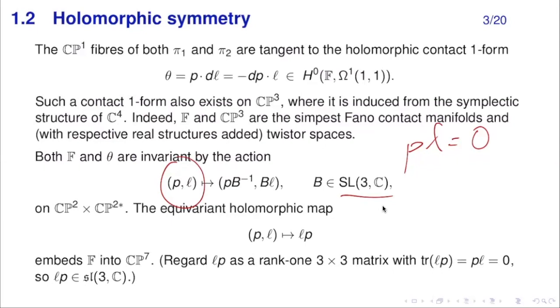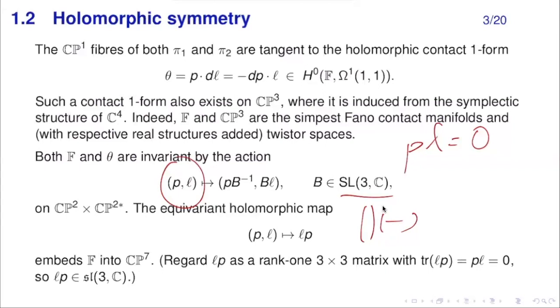And if instead of writing PL is 0, we multiply the column vector by the row vector, we get a 3 by 3 matrix, a rank 1 matrix. And we can think of that as defining a map of the flag manifold into, well, it would appear to be CP8, but because the trace is 0, the flag manifold gets embedded in CP7.